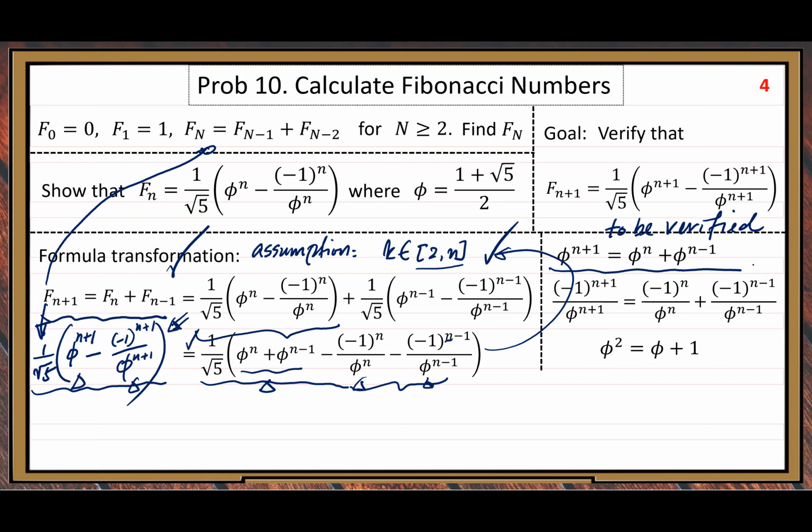To show the first equality, we start with golden ratio property number 2, phi squared equals phi plus 1. After that, let us multiply phi to the n minus 1 power on both sides. After simplification, we get this expression.